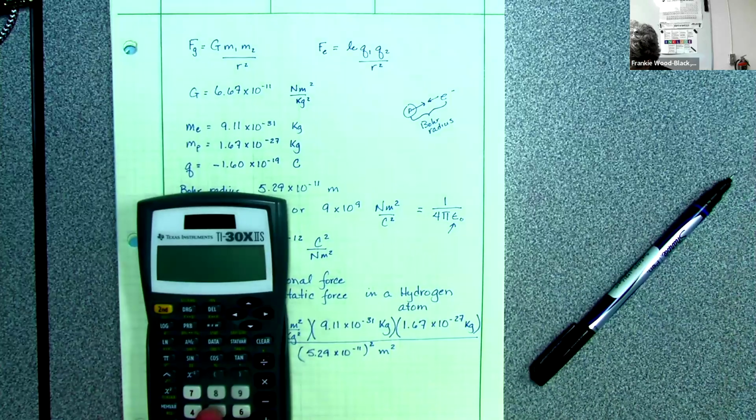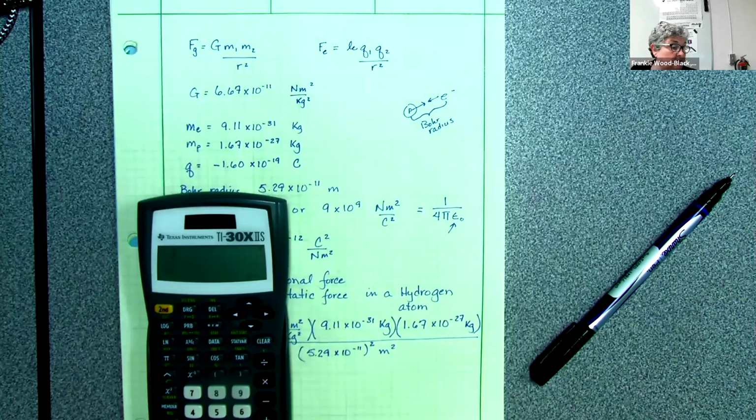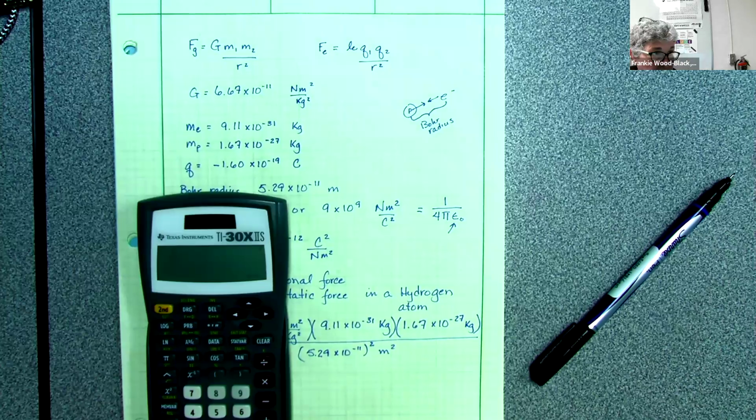Now, one of the reasons I also like to do this is to caution people about their calculators. Depending on how your calculator is set up, you're going to have some interesting things, because we are dealing with some significant exponents.